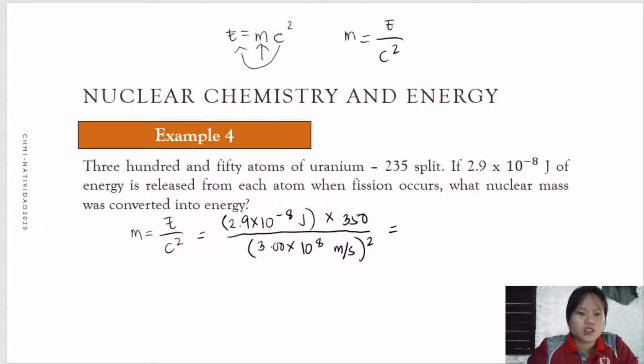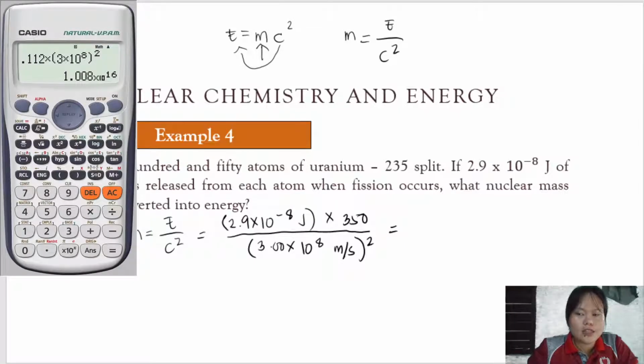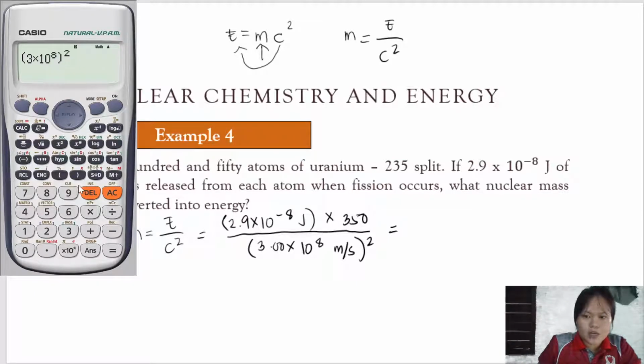Okay, so let me just transition to the calculator scene and let me just grab it. Okay, so that would be, edit ko na lang to para hindi na ako magta-type uli. So that would be 2.9 times 10 raised to negative 8.